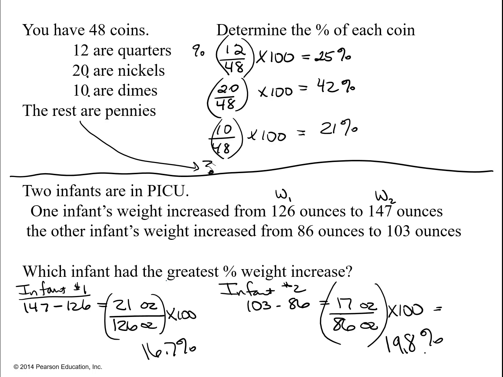Baby 2 actually gained more. It's sometimes hard to compare things side by side equally. Percent lets you do that. So percent, putting things on a scale of 0 to 100, is going to let you do more evaluation about change compared to just looking at flat numbers.